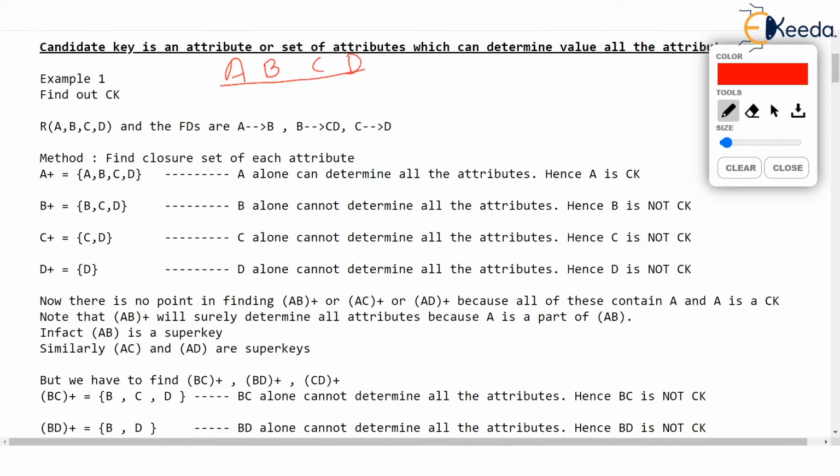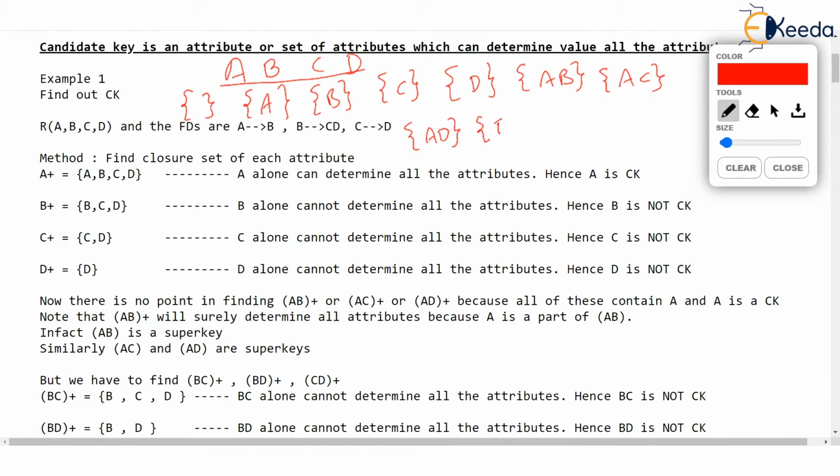Next one is A, then B, then C, correct? Then D. So I'm creating a power set of all subsets. Then I can have AB, then AC. After that, I can have AD. Then I will have BC, BD, isn't it? BD and CD.